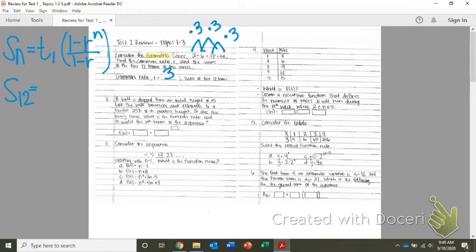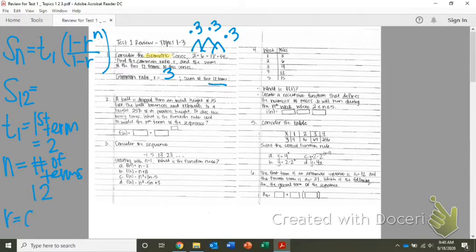T1 is the first term, which is 2. We said N is the number of terms, so it's looking to find the first 12. R is our common ratio, and we know that is 3. So you're taking this information and plugging it in to this equation right here.